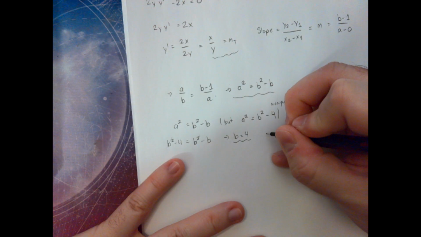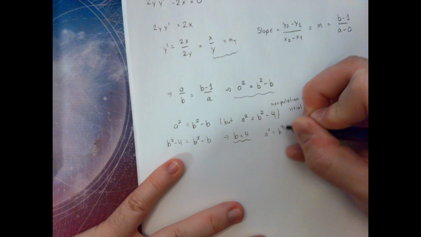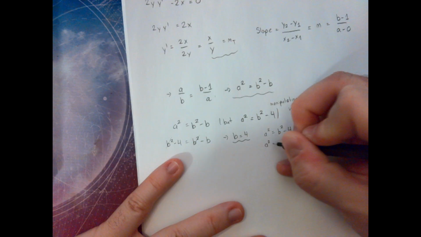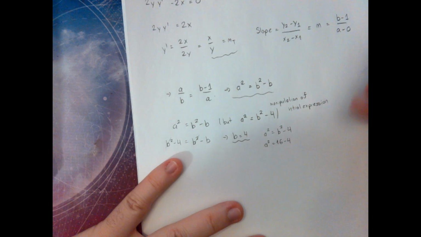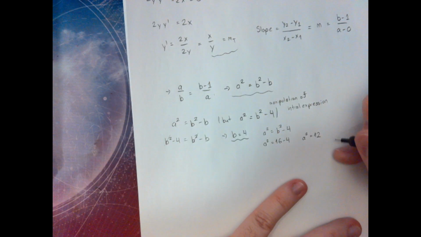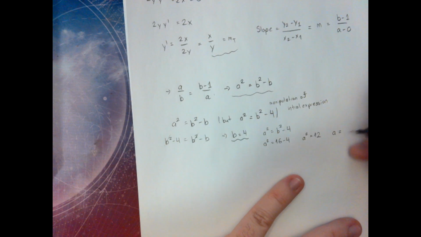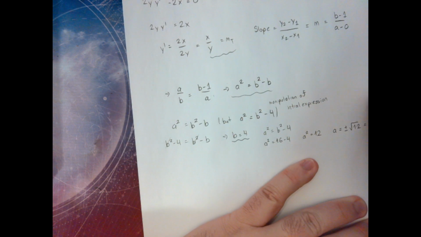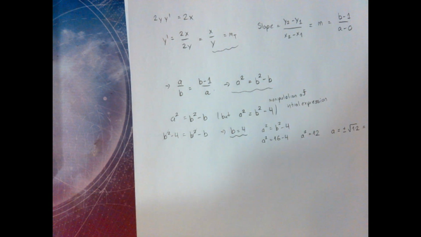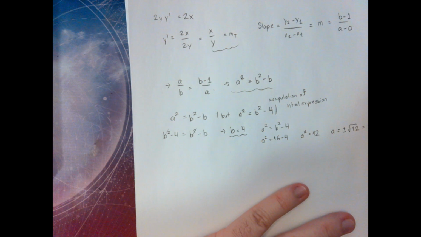If a squared is equal to b squared minus 4, a squared is equal to 16 minus 4, so a squared is equal to 12. Square rooting both sides, a is equal to plus or minus the root of 12, which simplifies, taking as much out of my radical as I can, to plus or minus 2 root 3.